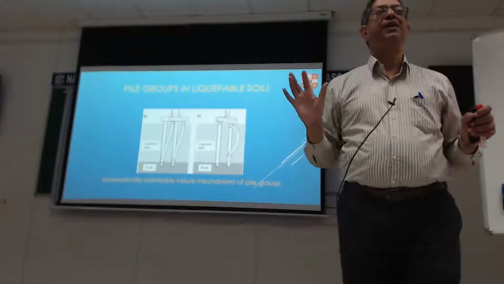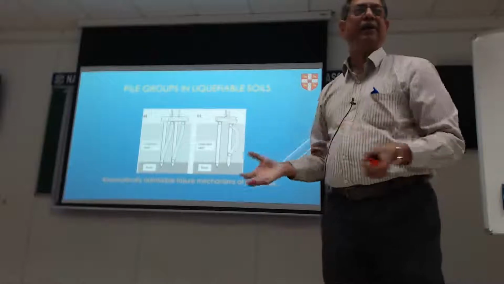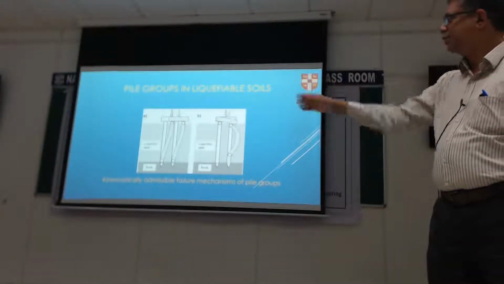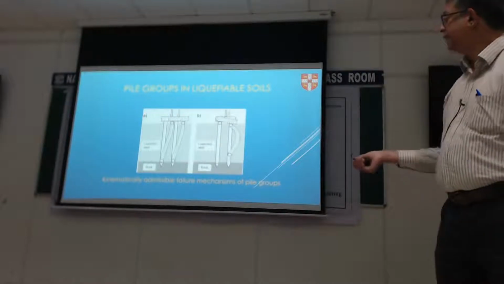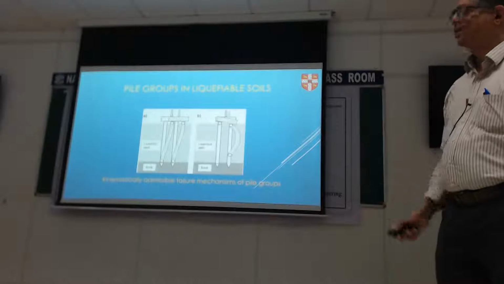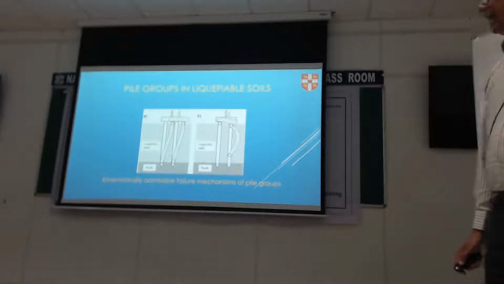You understand what kinematically admissible means, right? So it's possible for it to move that way. That's all it means. So you'll get this mechanism shown on the left here. One hinge there, one hinge there, one hinge there, and one hinge there. So that's a possible mechanism.